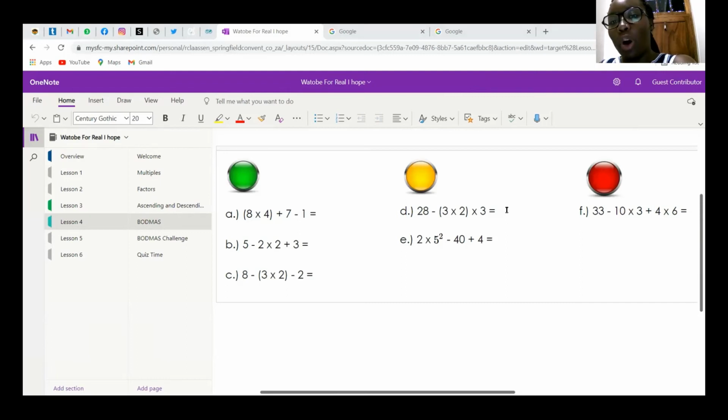Mpho, I see your hand is up. Mpho, can you explain to Nsepeng how BODMAS works? Letabo also says they're not quite sure. Mpho, can we help them out? Mpho, are you there?